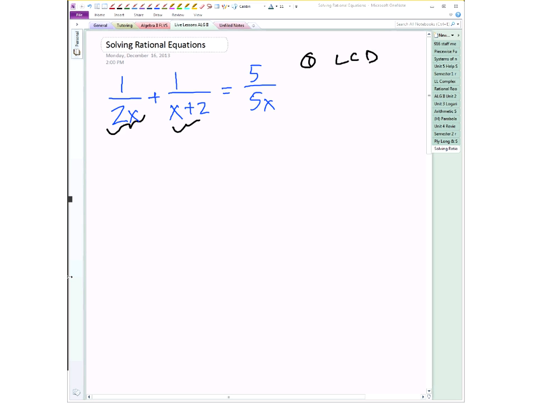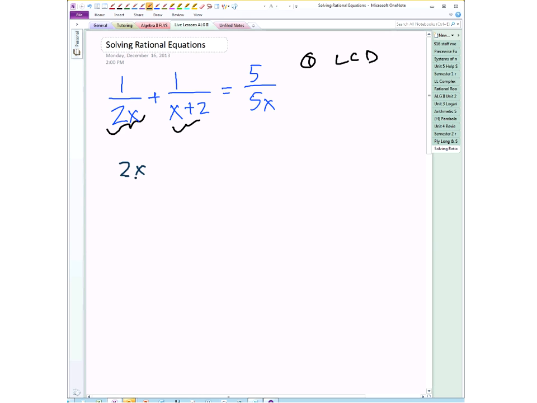Remember, the common denominator is also the least common multiple, or lowest common multiple, some call it. So I think of multiples of these values. What are multiples of 2x? Well, 1 times 2x would be 2x, so that's a multiple of 2x.